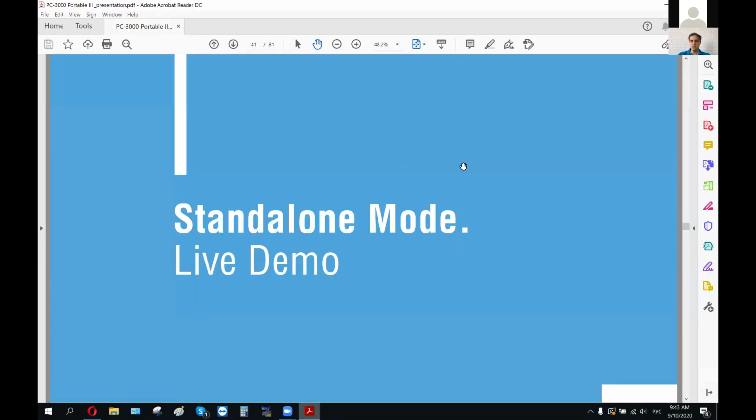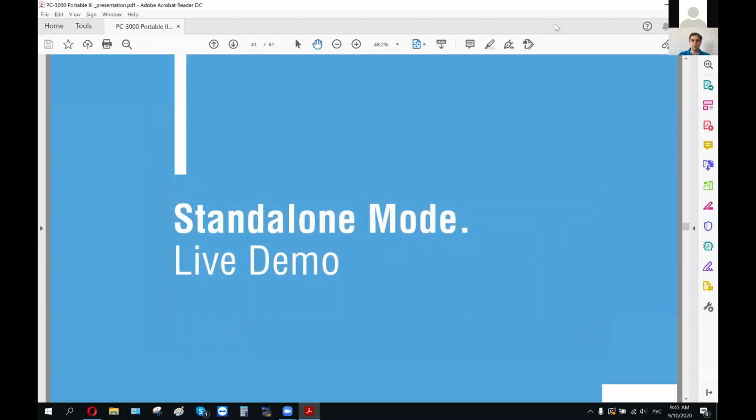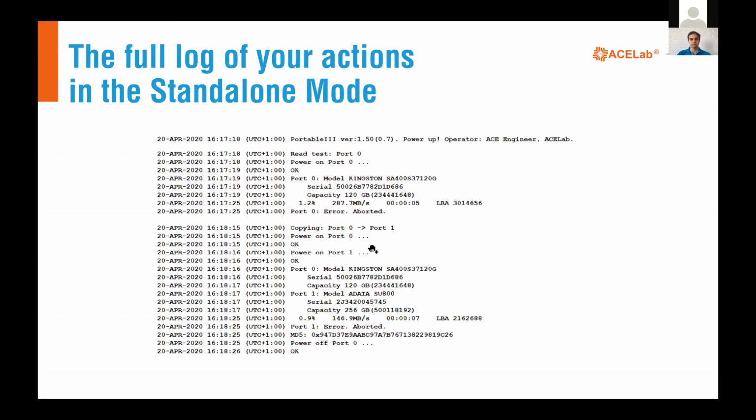Now let me continue with the easy mode. And of course, when we finish working with the standalone mode, it will be possible to load the log and read all the information that we did in standalone mode, because all log information will be included inside PC4000 easy mode.